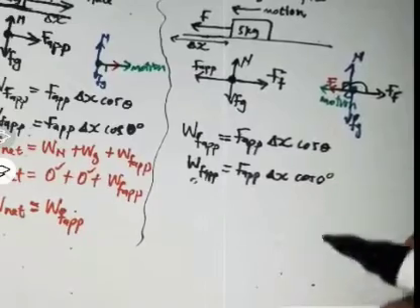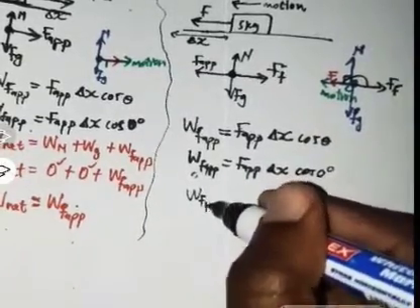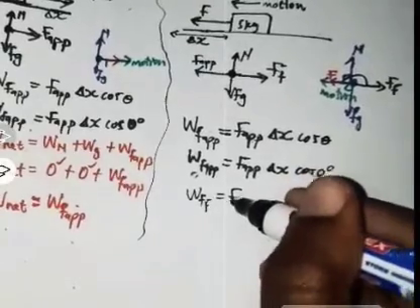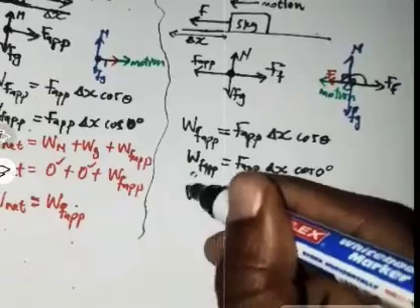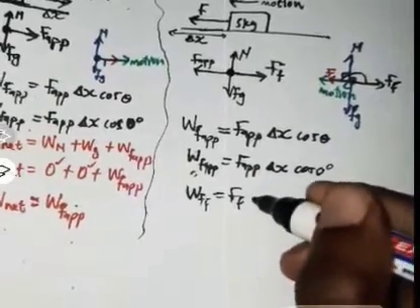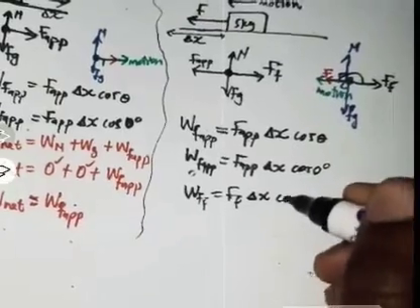Then the work done by the frictional force equals the force of friction multiplied by delta x and the cos of theta.